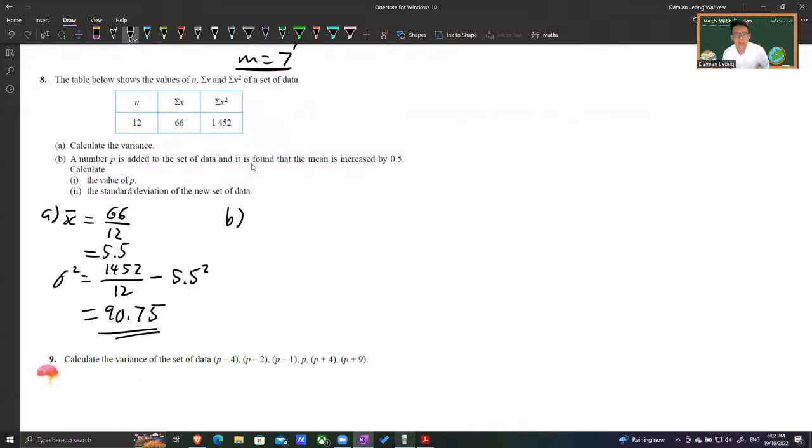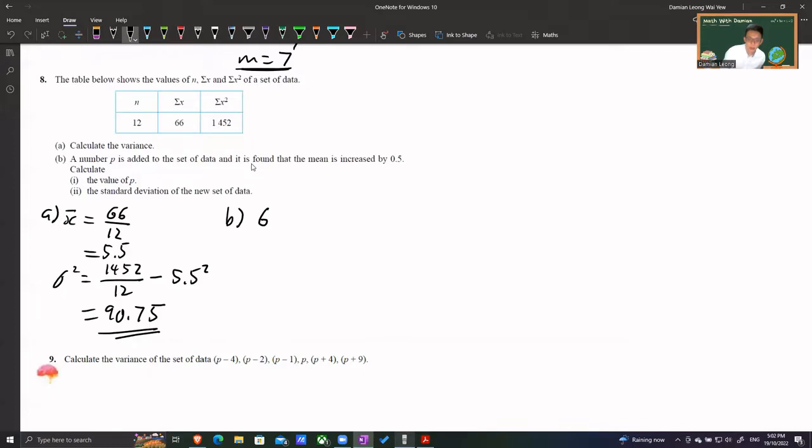Okay. Part B, a number p is added to the set of data. It's found that the mean is increased by 0.5. I want to calculate p. So if the mean is increased by 0.5, basically what I need to do is find what p is. So I can relate using the mean formula. Mean increased by 0.5. Initially it is 5.5, means it becomes 6.